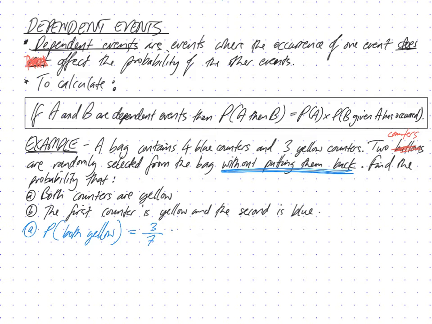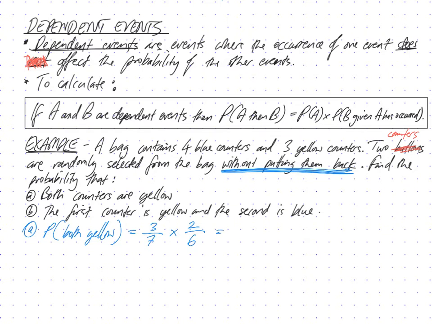Then I'm going to times it by the chance of picking out a second yellow counter. But remember, I'm not putting them back. So after I've picked out a yellow counter for the first pick, the 3 out of 7 chance, how many yellow counters are there? There's going to be 2 yellow counters, and because I picked a yellow counter and didn't put it back, how many counters are there in total? There's not 7 anymore, there's 6.